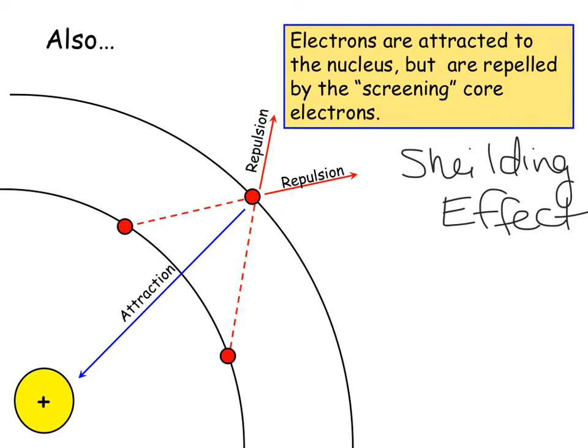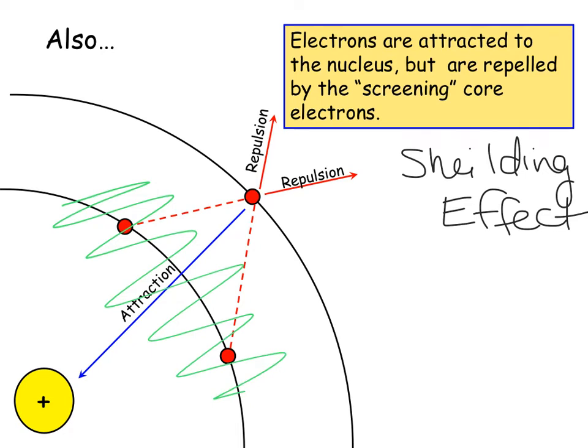The third factor is the shielding effect. The shielding effect refers to a shield that is actually formed by the inner electrons. So the more core electrons or inside shells that are in an atom, the more repulsive forces the electrons will feel against each other. So my valence electron is being pushed away by the inside electrons.